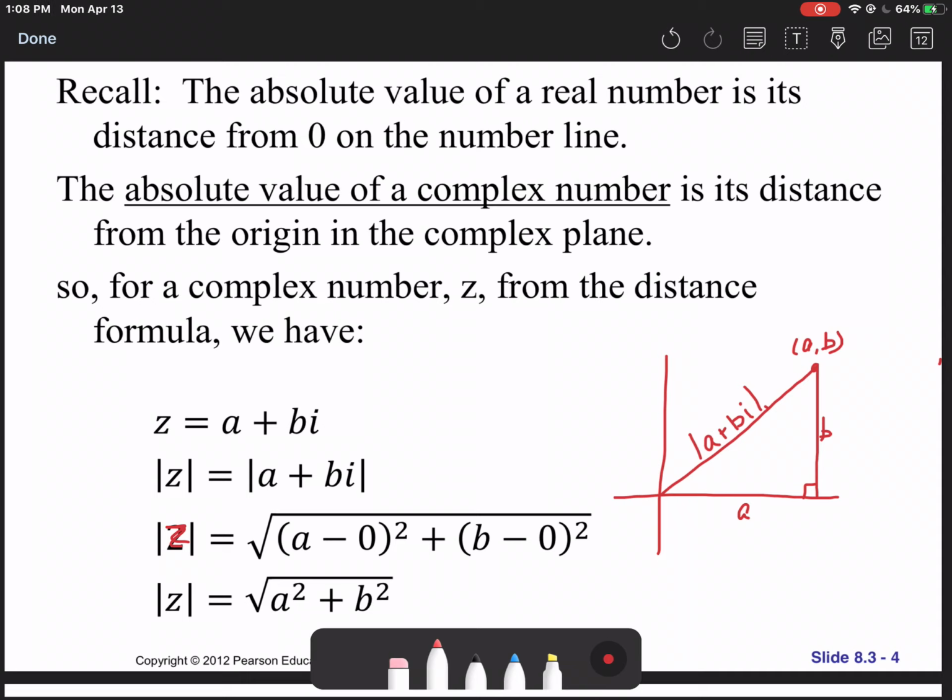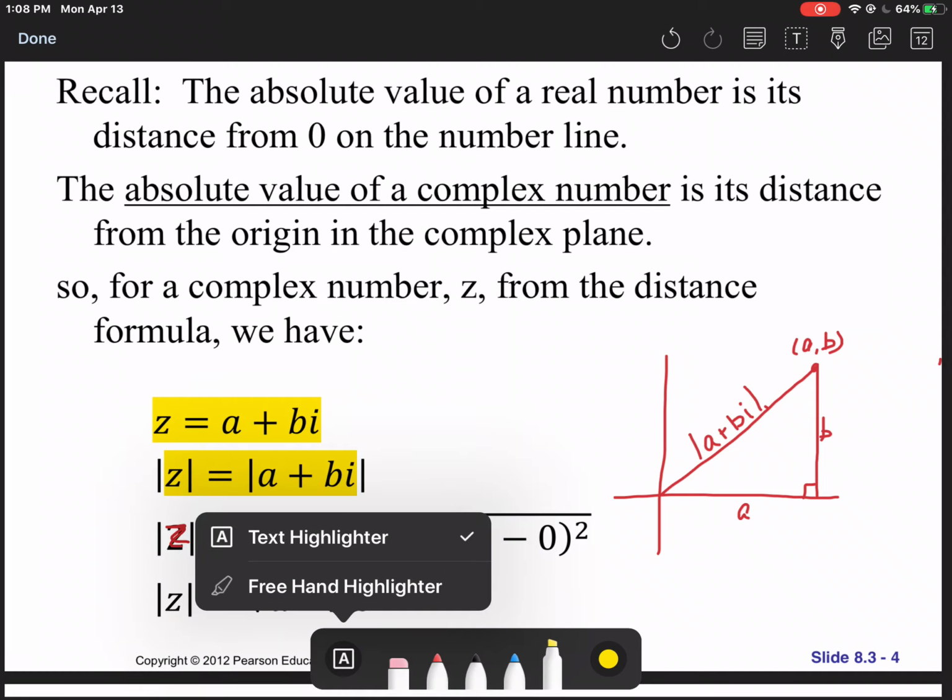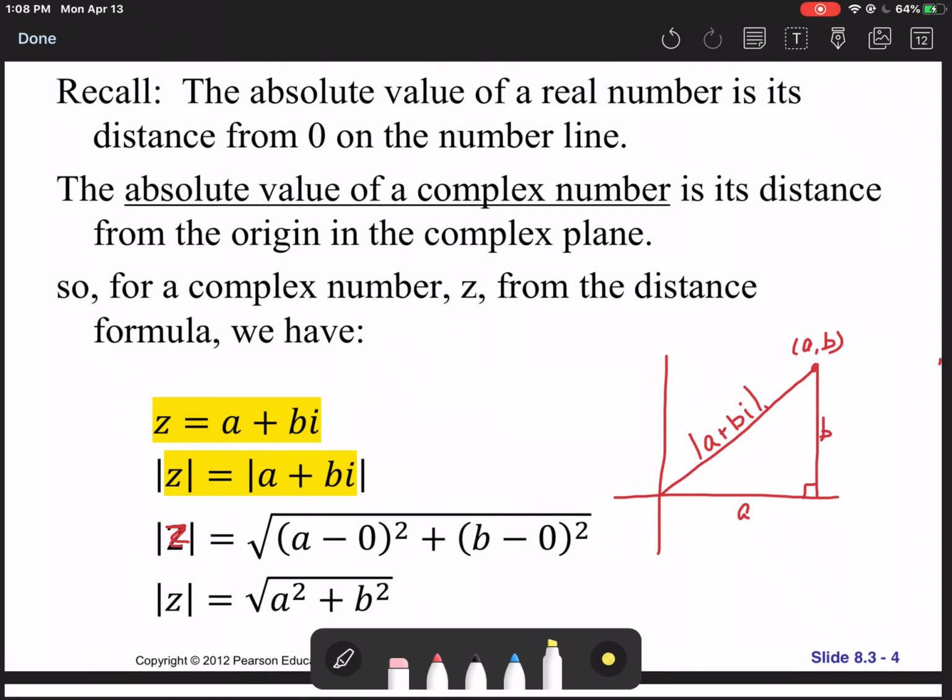Now again, since absolute value is distance from the origin, that's what I'm looking at here. That's our distance from the origin. Well, we can put that right back into the same context that we've always used with respect to finding the length of the hypotenuse of that right triangle with legs a and b instead of x and y.